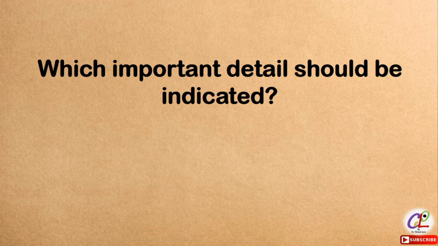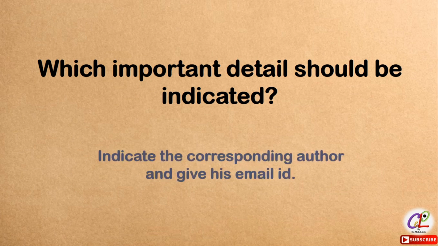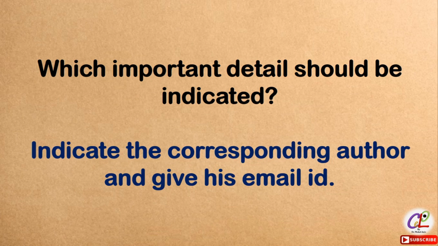Next, which important detail should you indicate in your covering letter? It is very important that you indicate or highlight the details of the corresponding author of that particular manuscript. The corresponding author's name and email ID should be highlighted or made bold in the covering letter, so that it is clearly indicated to the editor that this particular person is the corresponding author of the manuscript.